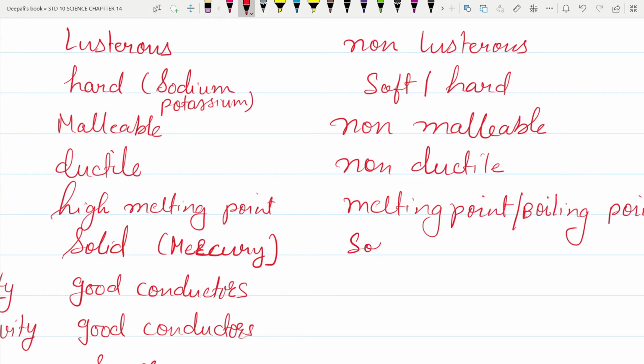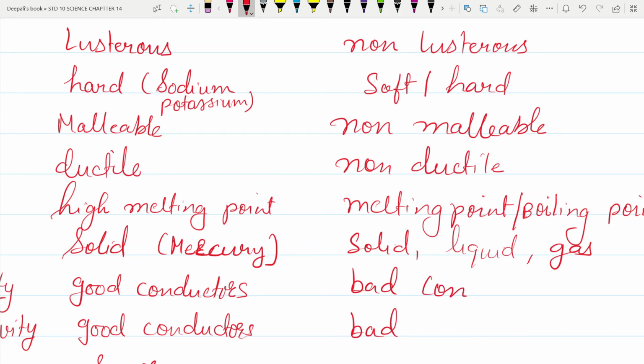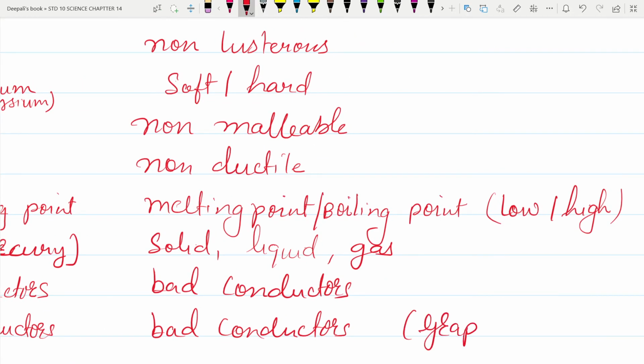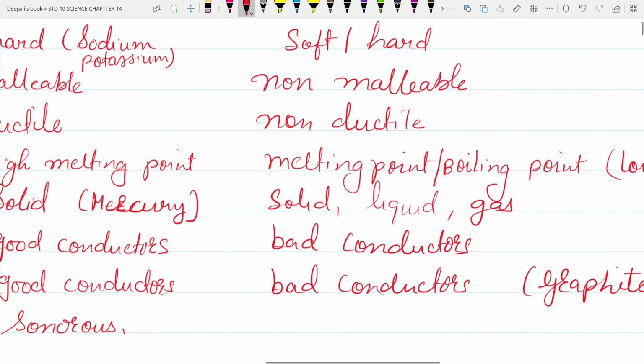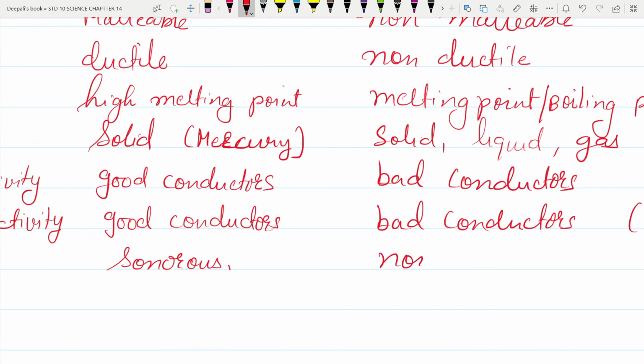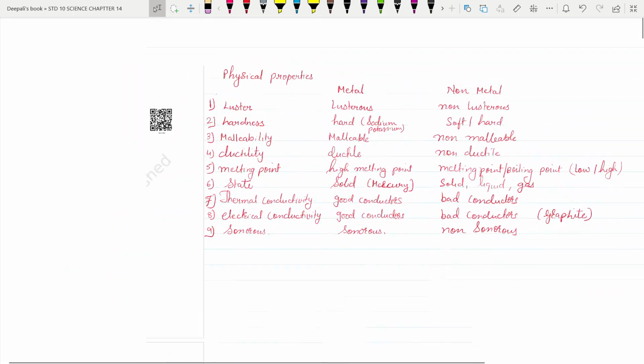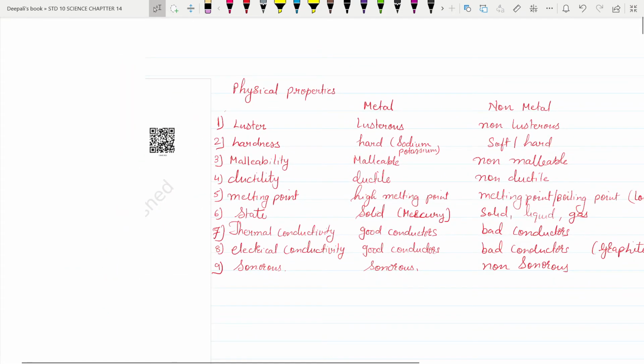They are solid, liquid and gas. They are bad conductors of heat and electricity, except for graphite, which is a good conductor of electricity. It's an exception. And they are non-sonorous. So these are the properties of metals and non-metals, which can be listed as shown in the chart.